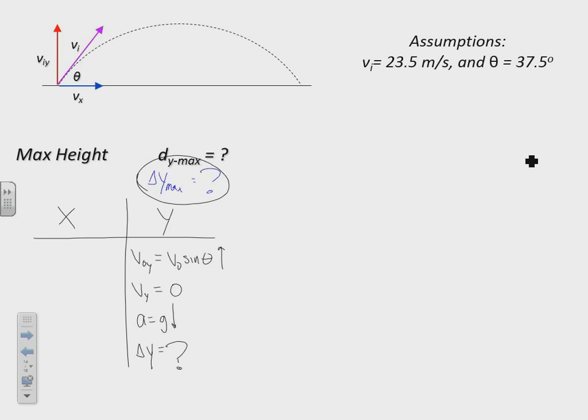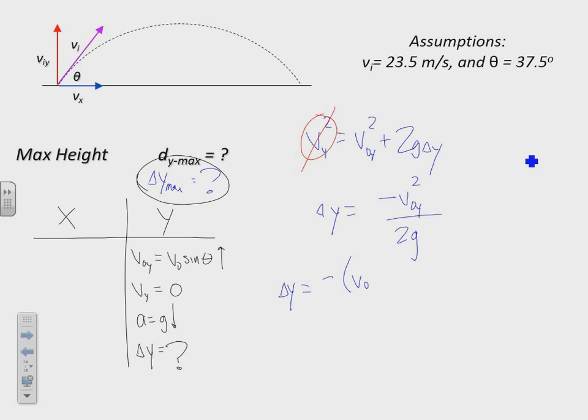All right, well, there's one equation that has those four things in it, and it looks like this. Vy squared is v naught y squared plus 2g delta y. So says algebra. Agreed? That's v naught y.